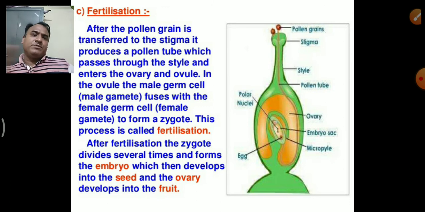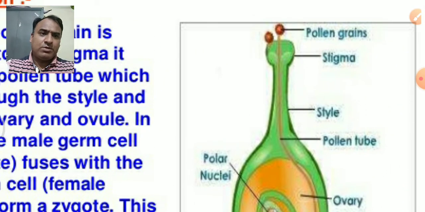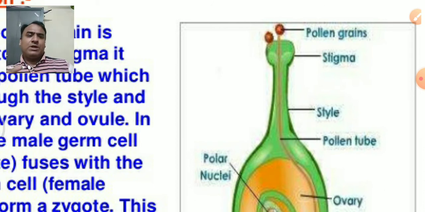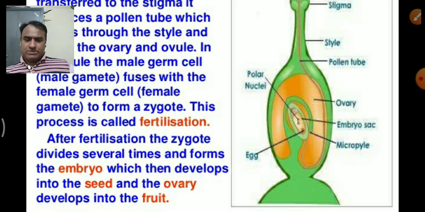When pollen grains fall on the stigma, there is formation of a pollen tube. This tube-like structure is shown in this diagram. The pollen tube sends these nuclei toward the ovule. Within the ovule there are a number of cells, but we basically focus on two types of cells: the polar nuclei and the egg cell.